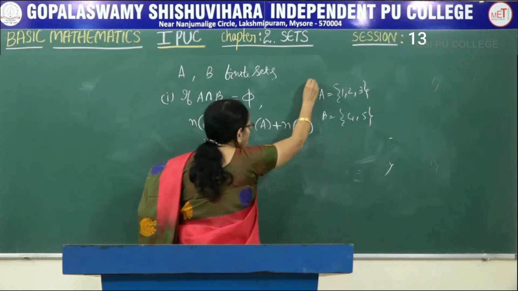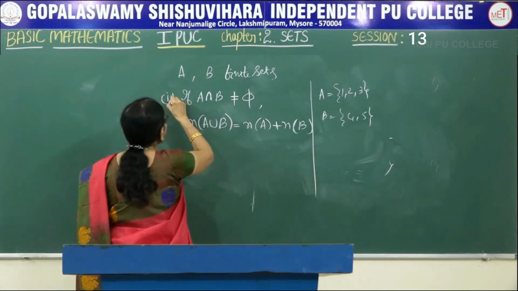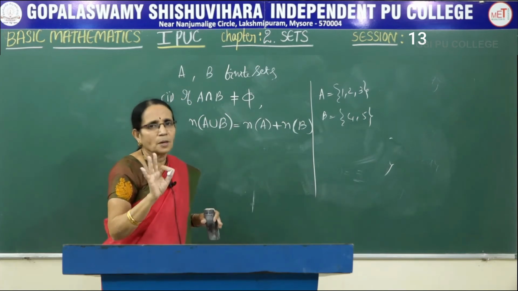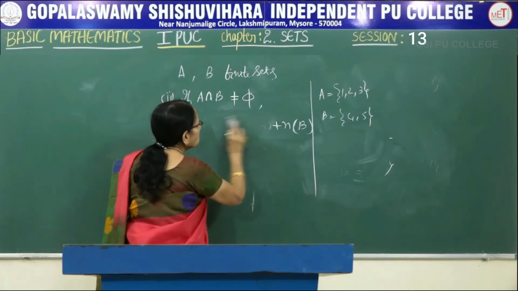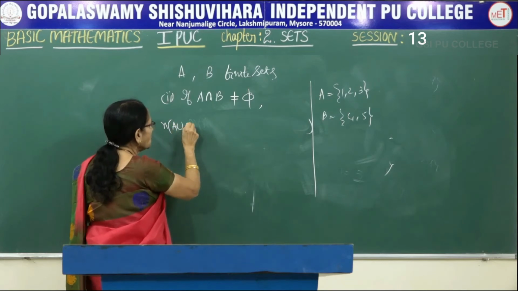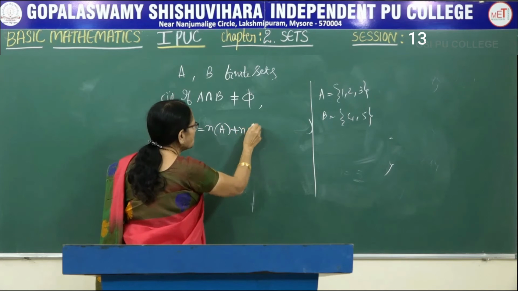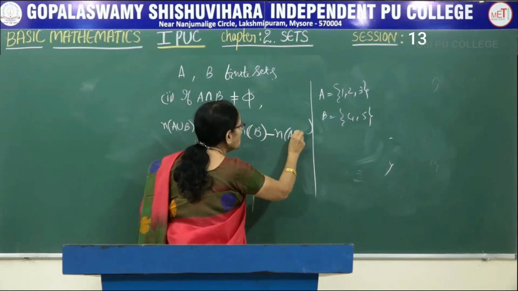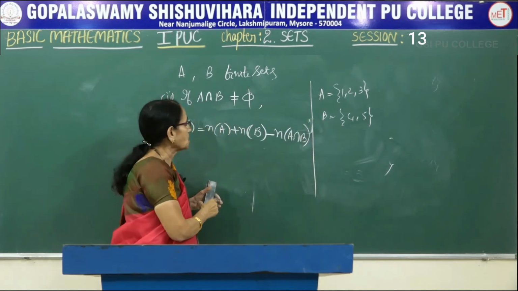Here, in the same thing, suppose A intersection B is not a null set. What do I mean by that? There may be at least one common element. In that case, the result is a little bit different. That is, n(A union B) equals n(A) plus n(B) minus n(A intersection B).